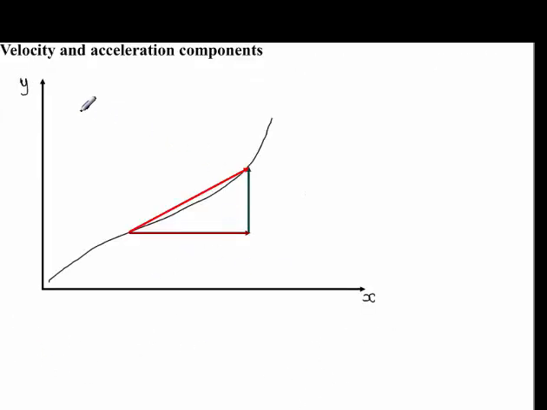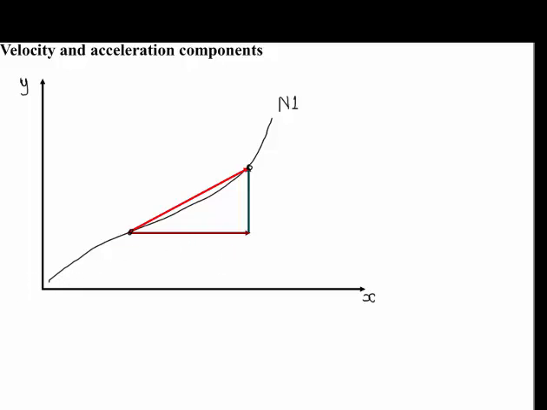Now this takes us to this type of discussion. In this case we can talk in terms of velocity and acceleration components. Let's say we've got that sketch of the curve as our route, our N1 route on our road map, and between these two points, if we get the average slope, we can get what we can call the average velocity or speed for the truck which is moving along that road.